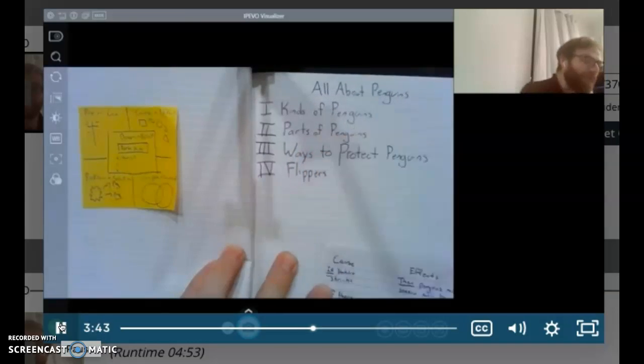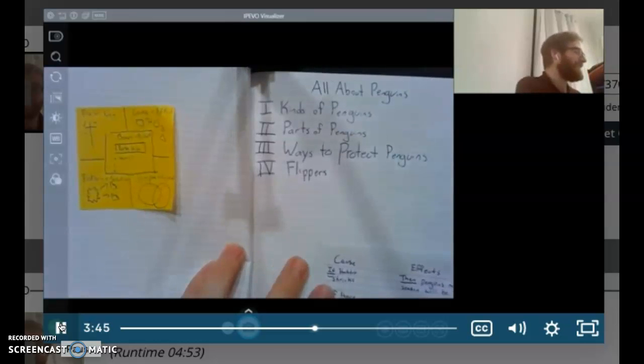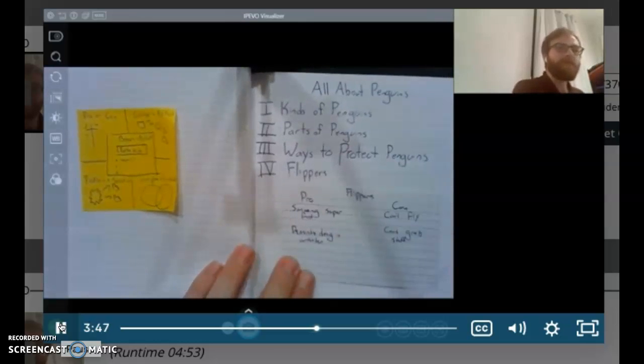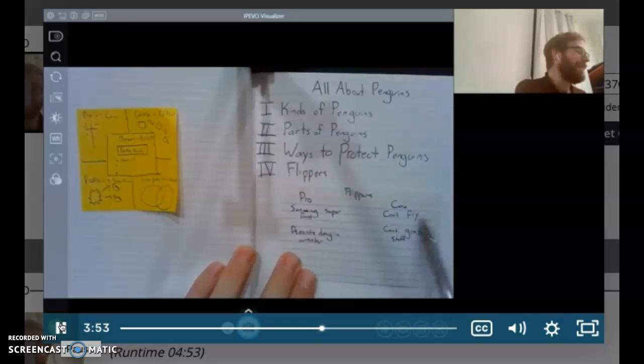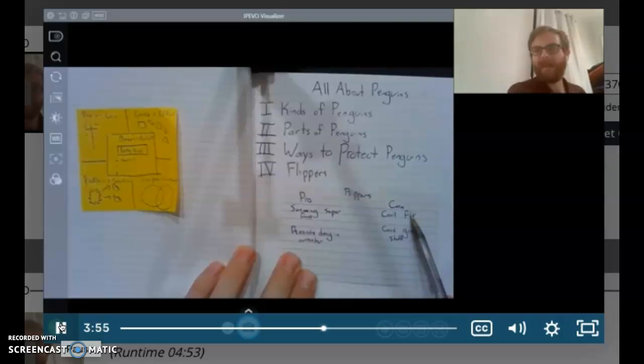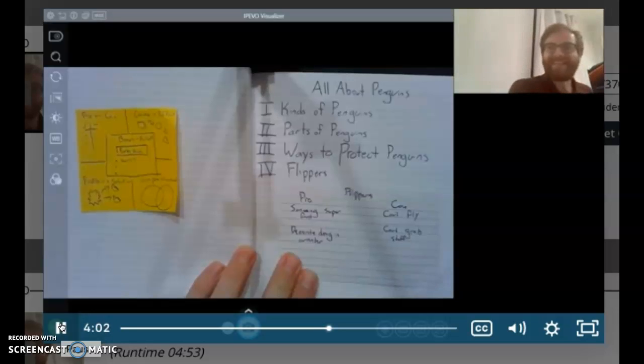It could be like the pros and cons of flippers. Like the pros of a flipper is that they swim super fast and they're resistant to water and drag in water. But the cons are that penguins can't fly because they have flippers and they can't grab stuff. I feel like that could be something I could write about.